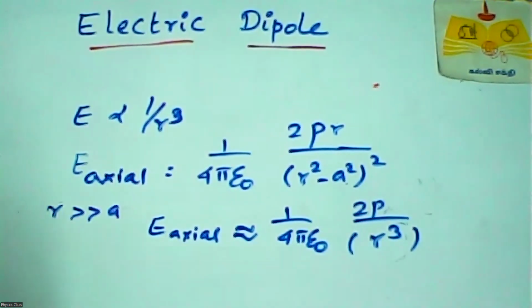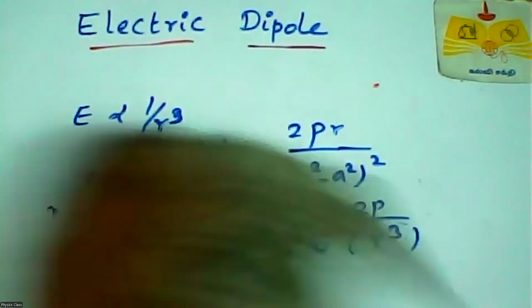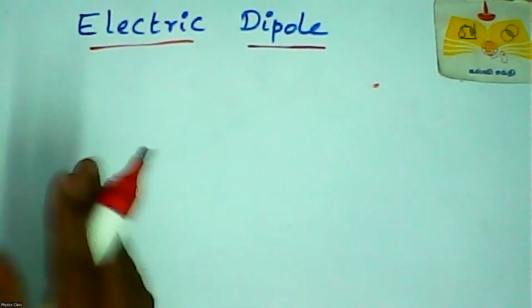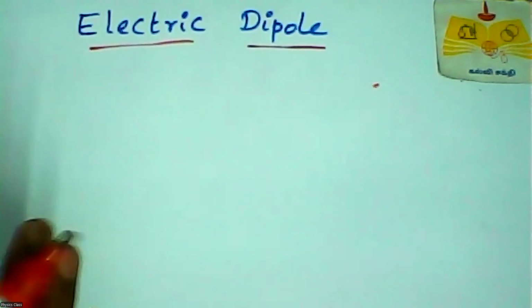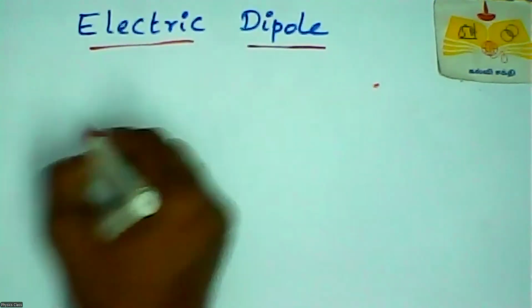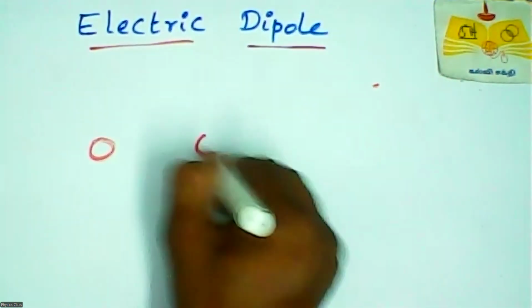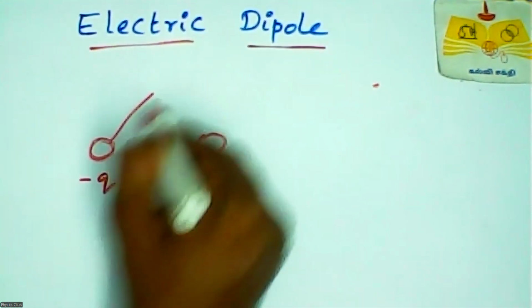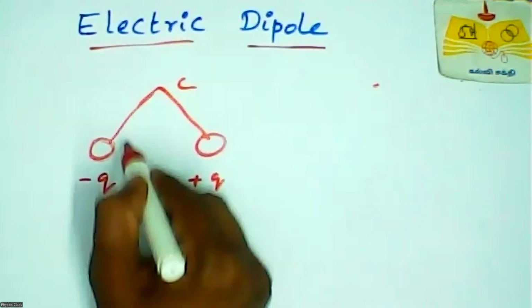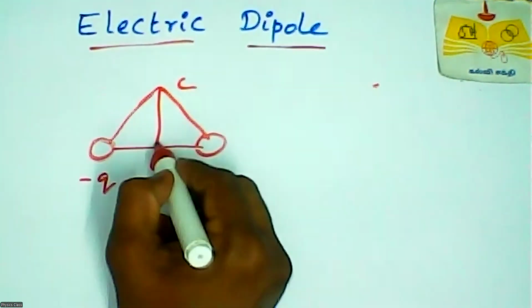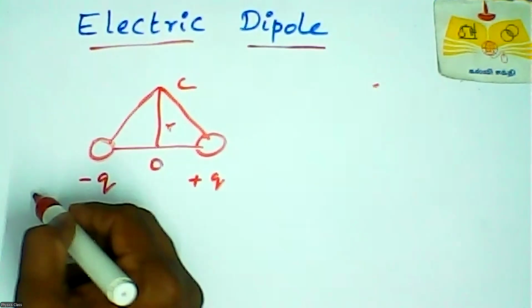Let's do the same for the equatorial line. We will see that the electric field direction is opposite to the dipole moment direction. Okay. So again, for the equatorial plane, equatorial line, minus Q, plus Q. So this is C. This is origin, center, R. Okay, right.